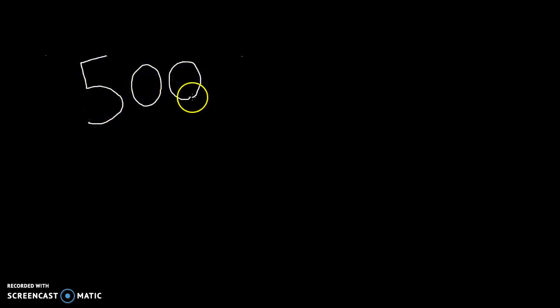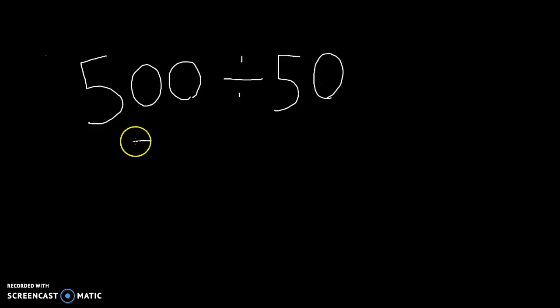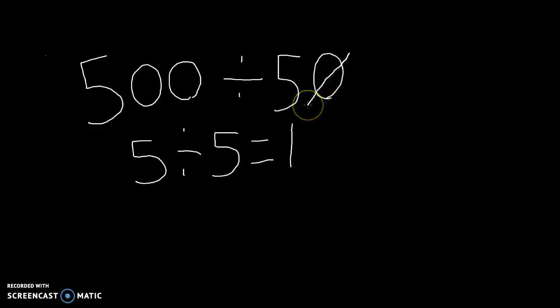Let's look at a more complicated number here. Let's say 500 divided by 50. Now first, you're going to take 5 divided by 5. We all know that equals 1. And now, the second part is to take a 0 from the second number, 50, and take a 0 away from the 500.